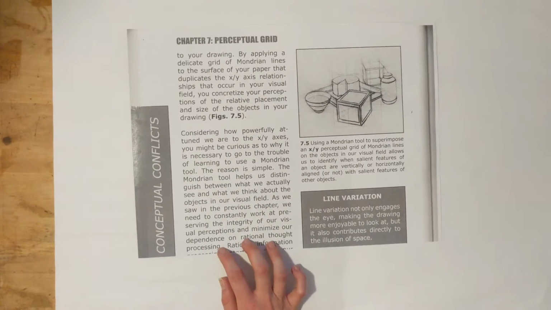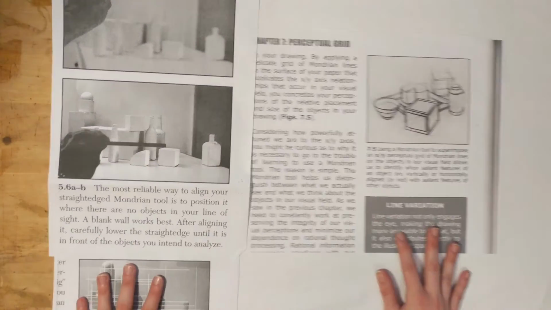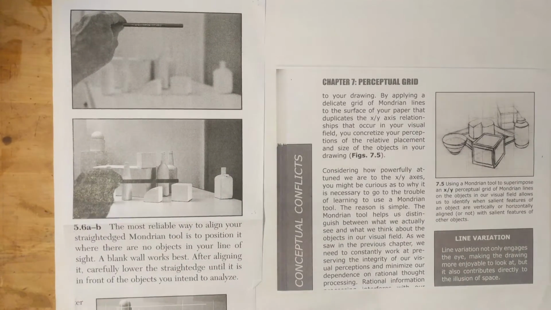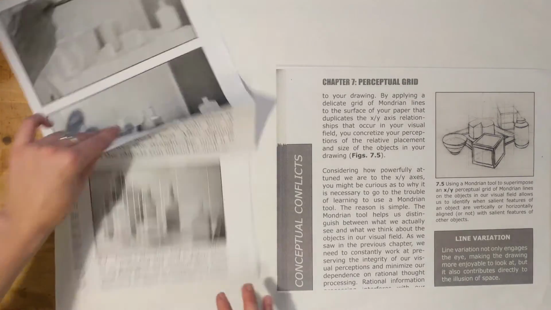There are a few methods for transferring your still life to paper, but since most of you are probably working from an image, I'm going to show you how to use a grid and how that can help you align everything before you begin to shade value in.